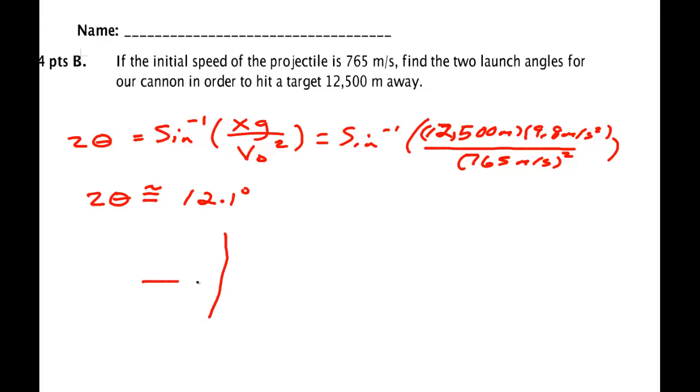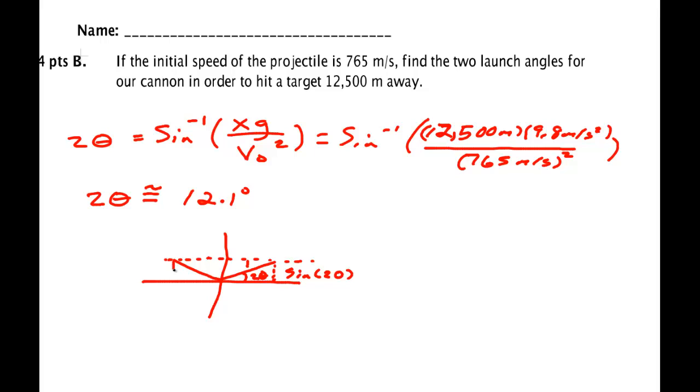In other words, it's saying, hey, look, one solution for 2 theta is that this height, which you tell it is equal to some number, because that's what the sine of 2 theta gives you. It says one answer here is 12.1 degrees, but you should realize that there's a second answer.